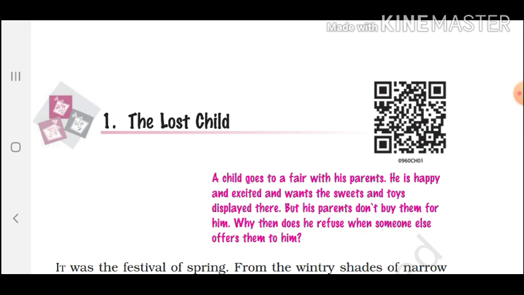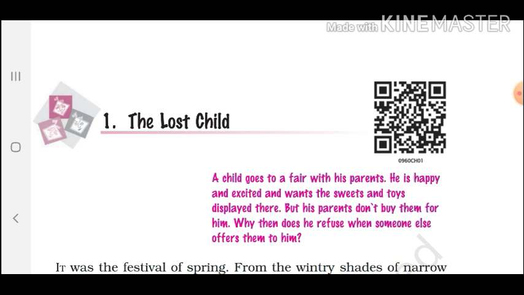Why then does he refuse when someone else offers them to him? And you will be surprised to know when you go through this story that at one time the parents of that child do not want to buy him the toys and sweets, but on the other hand, a strange man met the boy when the boy is lost in the fair, and he offers sweets and toys to the child, and then the child refused to take sweets and toys.